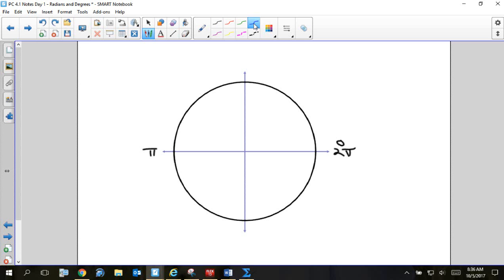But I'm not quite sure where to draw my lines, so I might think about it in degrees just for a moment. Let's see, this one is how many degrees? Pi is how many degrees? 180. If I divide that into 3 equal sections, each one is how much? 60 degrees. So I'm going to kind of approximate a 60-degree angle here. And then I'm going to approximate another 60-degree angle, but that would be 120.